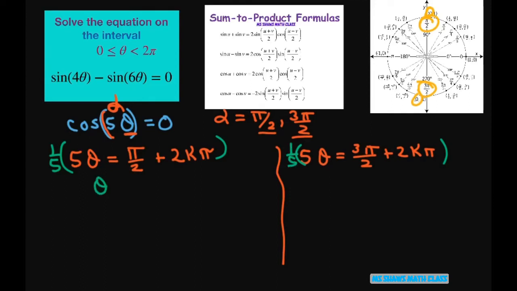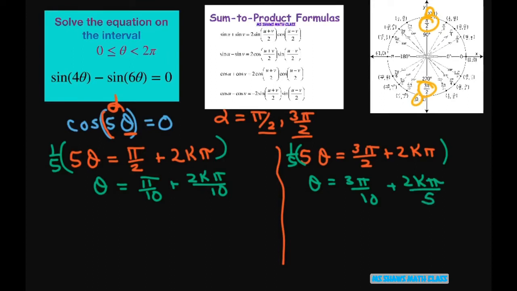So we're going to get theta equals pi divided by 10 plus 2k pi divided by 5. Theta equals 3 pi divided by 10 plus 2k pi divided by 5.